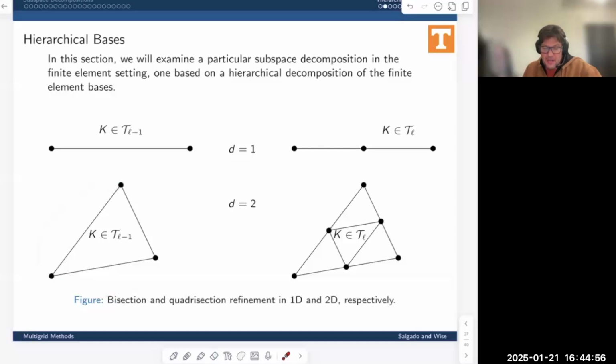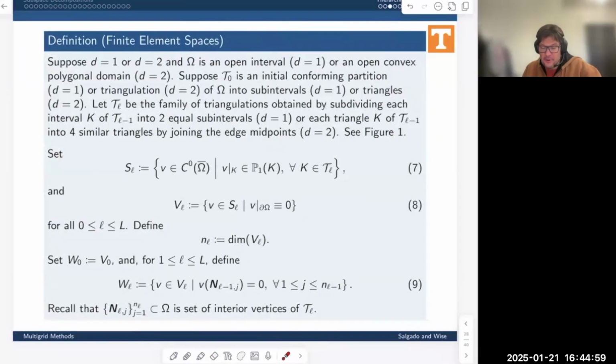We're going to use this concept to build what's called a hierarchical basis. To do so, let me introduce my regular finite element families. Whether it's 2D or 1D, we start off with omega, which in 2D is just going to be an open convex polygonal domain. By polygonal, that means I can put a triangulation on it, dividing it up into triangles, each of which is conforming.